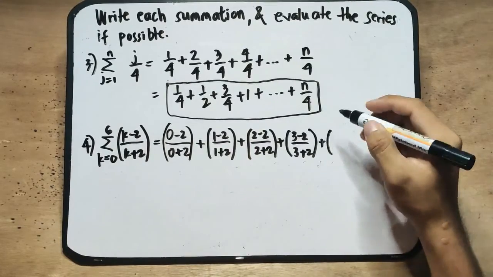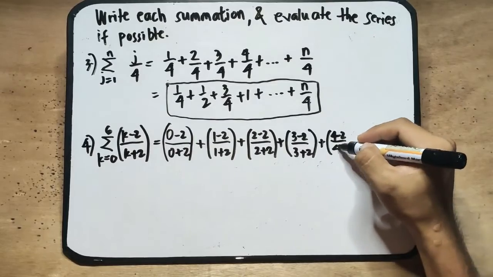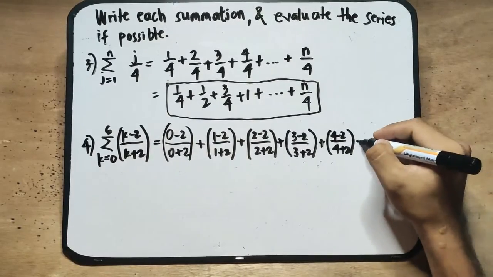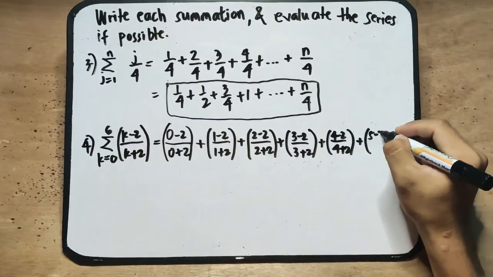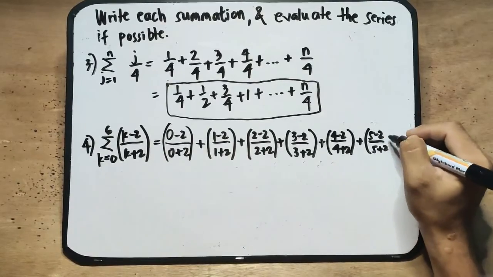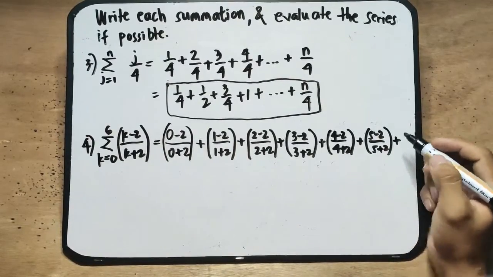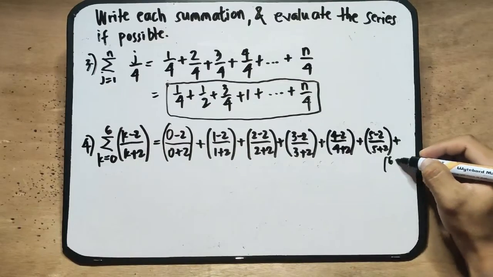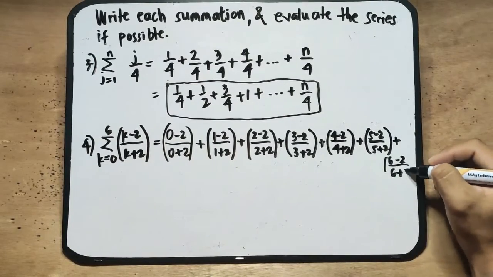Kapag 4, we have 4 minus 2 all over 4 plus 2. Kapag 5, 5 minus 2 all over 5 plus 2. At kapag 6, we have 6 minus 2 all over 6 plus 2.